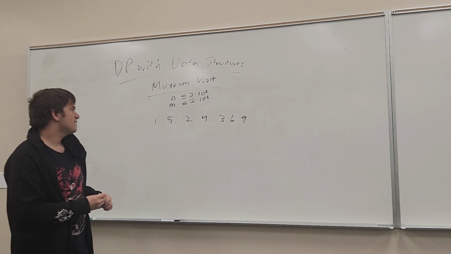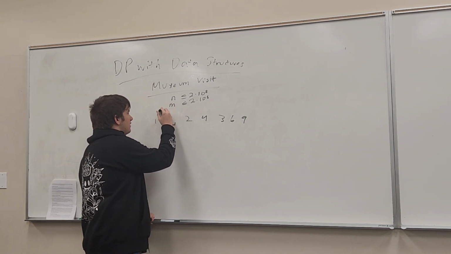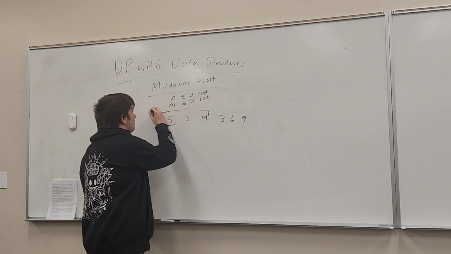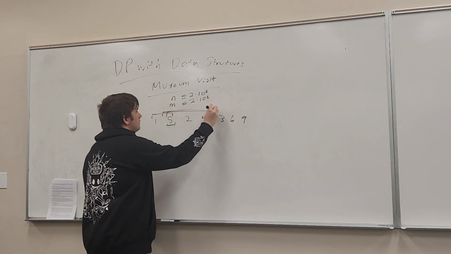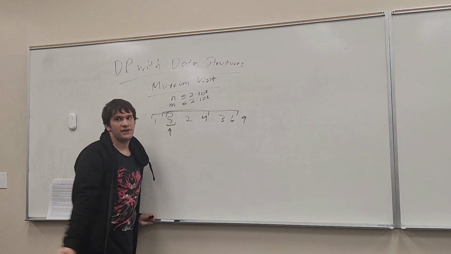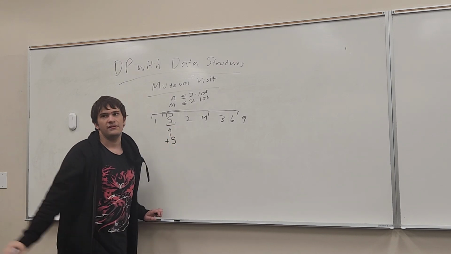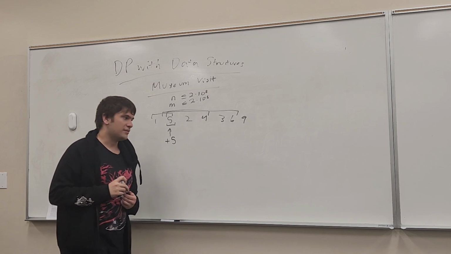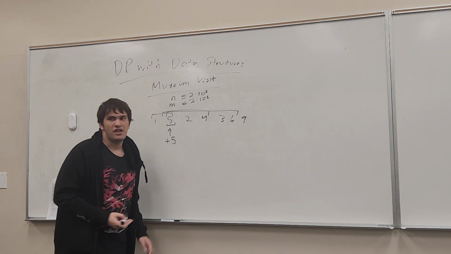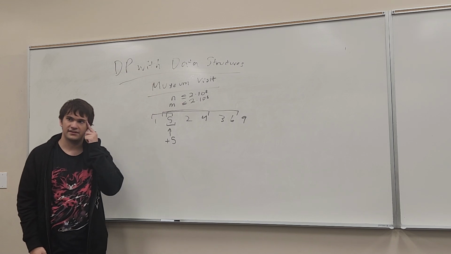What I'm saying is, for some day, let's say you have 3 different ranges that cover that day. You can visit all 3 of those on the same day, and you only incur the penalty once. I see. So what the problem is asking is, what is the minimum total penalty you need to visit every single exhibit?